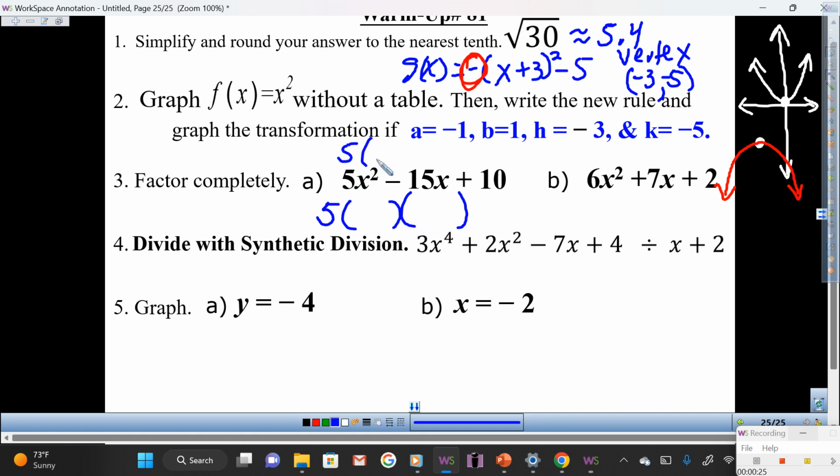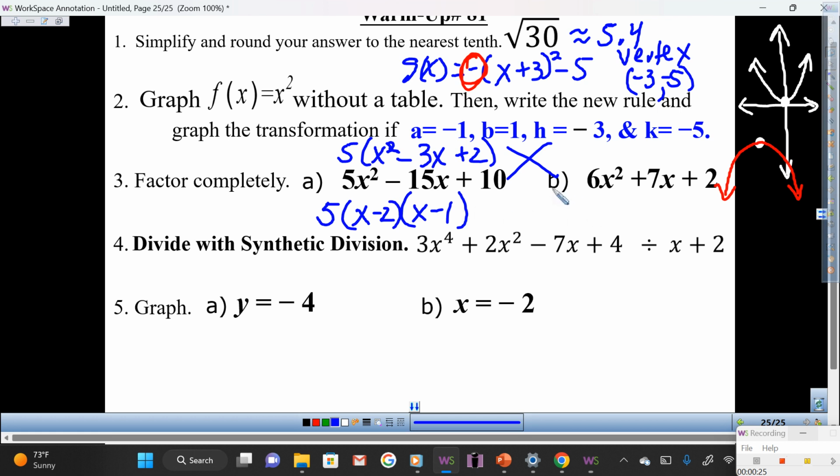So the GCF was 5. We're left with x squared minus 3x plus 2. And then from there, you factor that. So what'd you get for those factors right there? Jose, what'd you get? And x minus 1. That is correct.